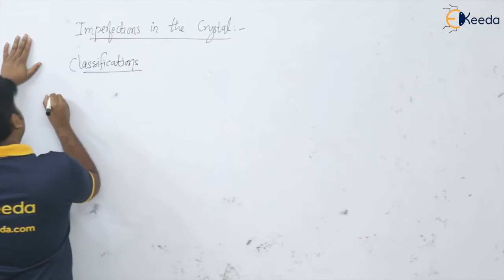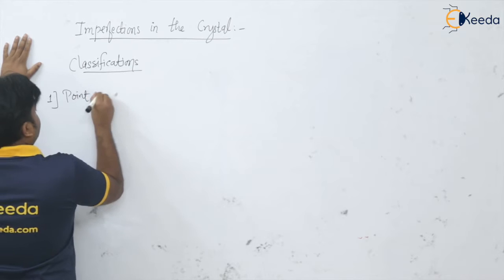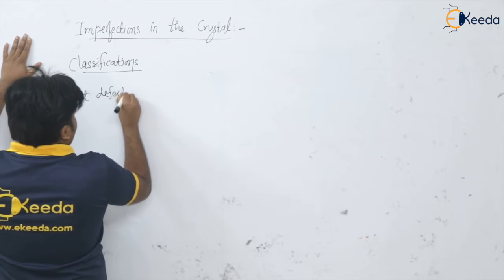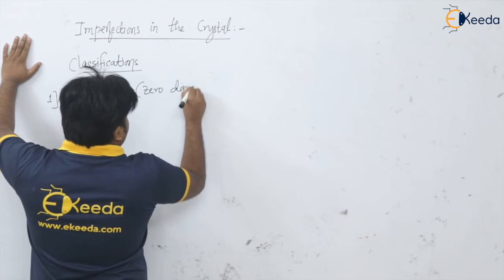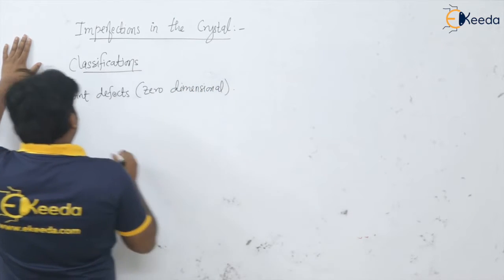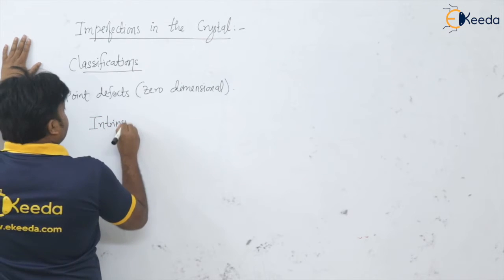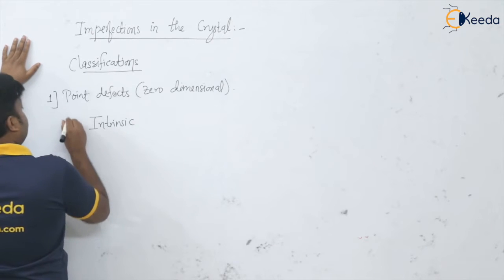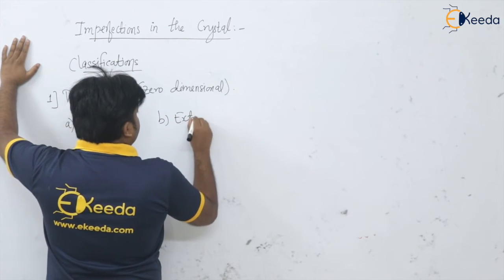So first is the point defects. This is also known as zero-dimensional defect, which are intrinsic and another type is extrinsic.